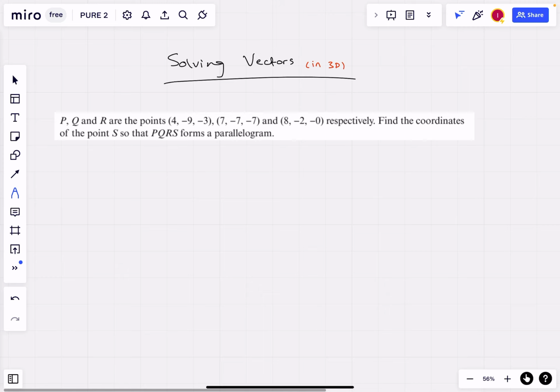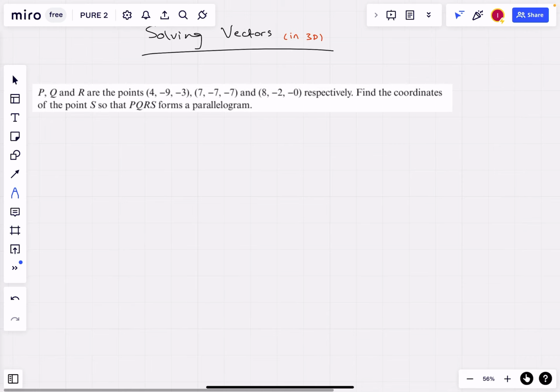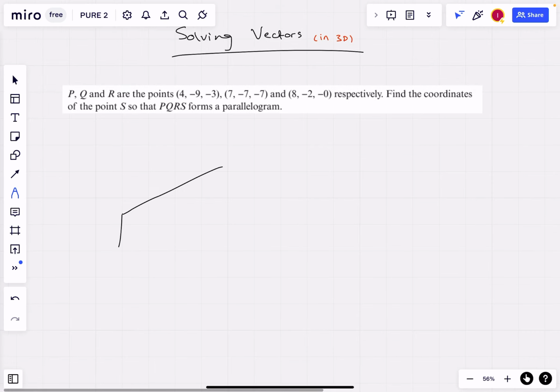PQRS forms a parallelogram. Let us draw a parallelogram. Something like this. I'm going to randomly label PQRS. Okay?